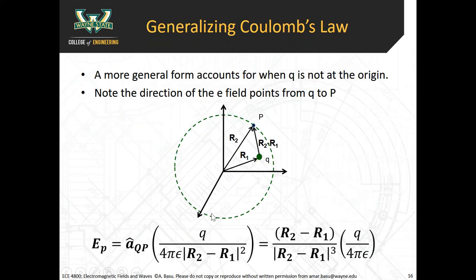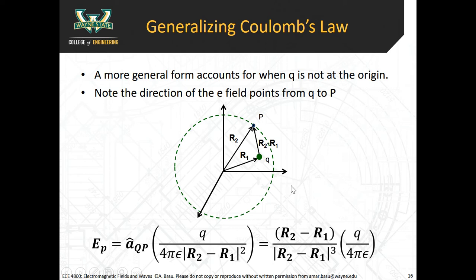When you're generalizing it, it doesn't matter if this is at the origin or not. The electric field vector is going to point from the charge towards the observation point, from Q towards P. That's why you see a hat QP here. This is the unit vector pointing from Q to P, from the charge to the observation point.